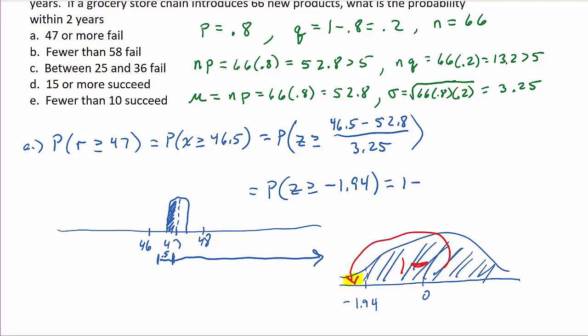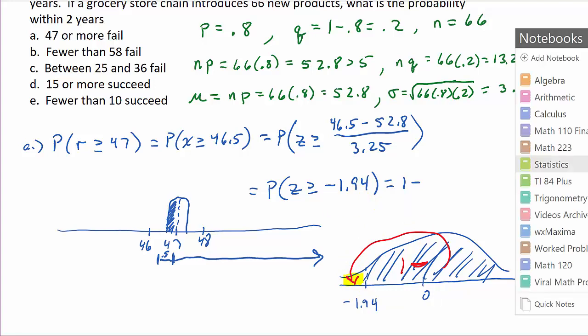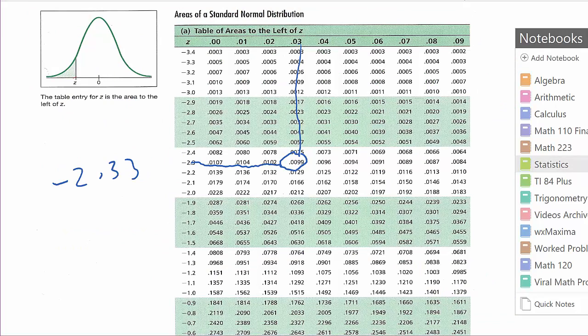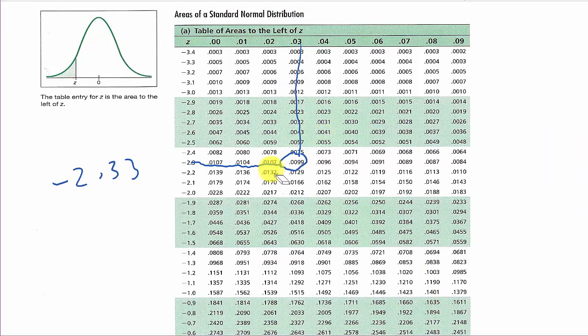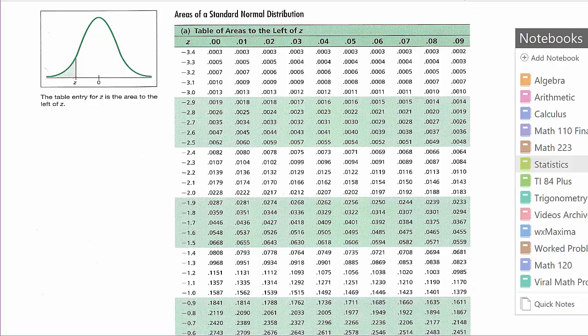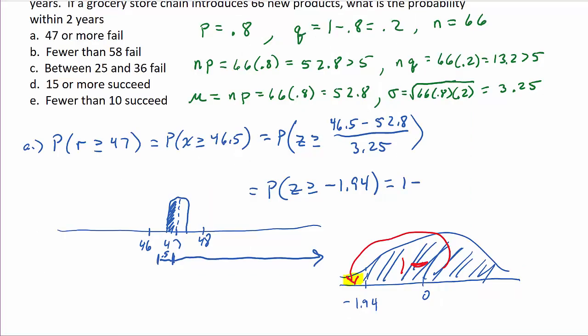All right, so let's look up the negative 1.94. Erase this, that's from another video. So I've got negative 1.94, 0.0262.